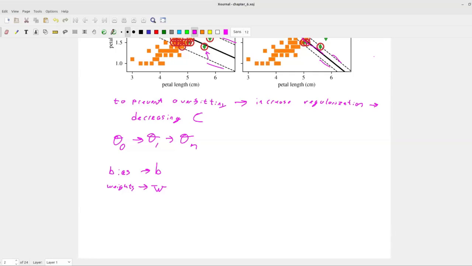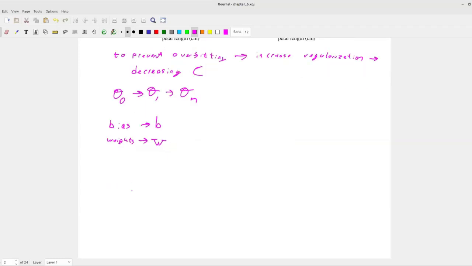So a linear SVM classifier determines the class of a new instance x by classifying the decision function, W transpose x plus b.